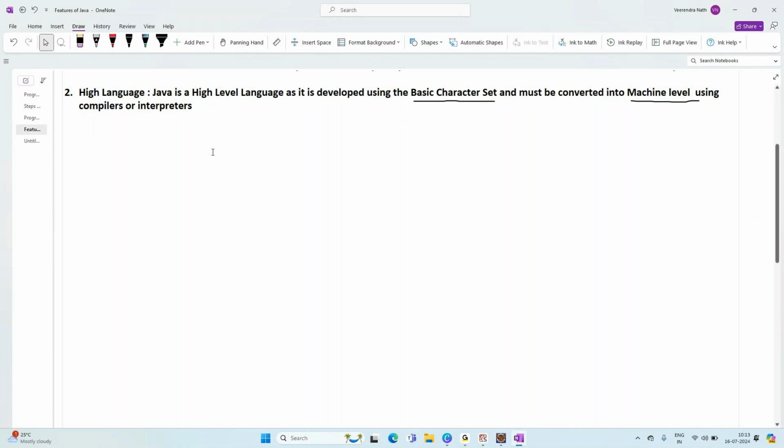As I've told you, there will be four kinds of numbers. The first is binary, the second is decimal, the third is octal, and the fourth is hexadecimal.